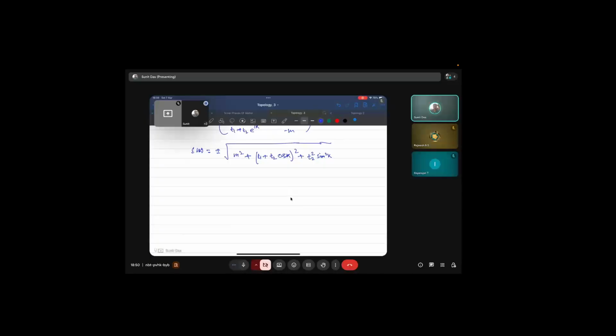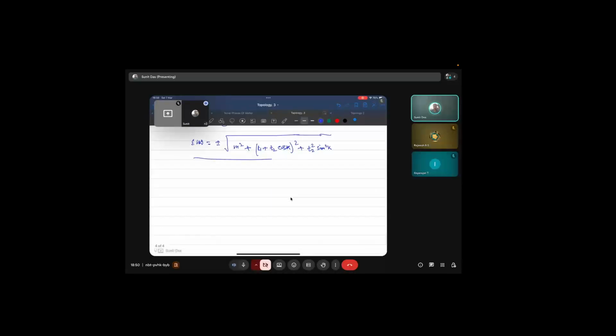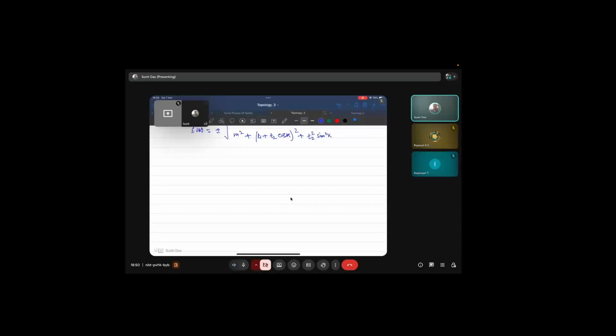Now, what is interesting about this problem is that you again need to calculate the winding number numerically, because you need to put this energy in and solve the eigenvalue problem to get psi k plus and minus, the corresponding wave functions. This will be fairly complicated, and if you numerically evaluate the winding number, what you will see is what you're interested in.